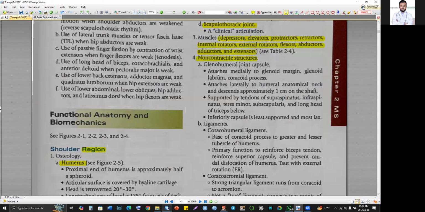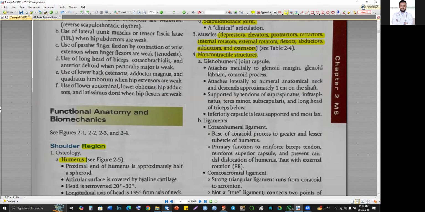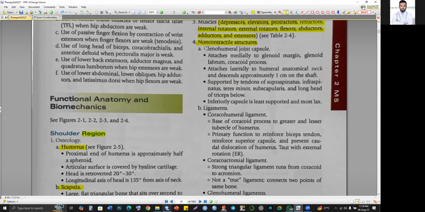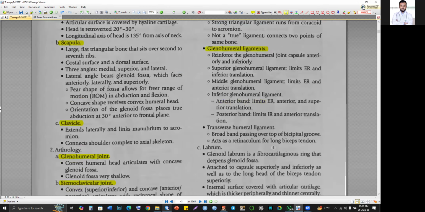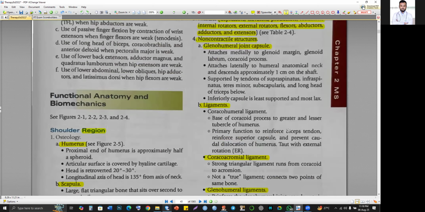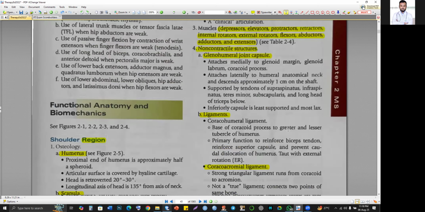ligaments, or capsule, anything excluding muscle and tendon. For non-contractile structures, they mention the glenohumeral joint capsule and ligaments: the coracoacromial ligament, then the glenohumeral ligament, and the transverse humeral ligament. They mention these ligaments as non-contractile structures.